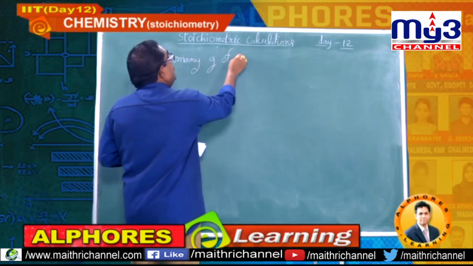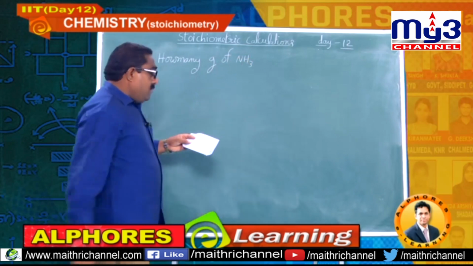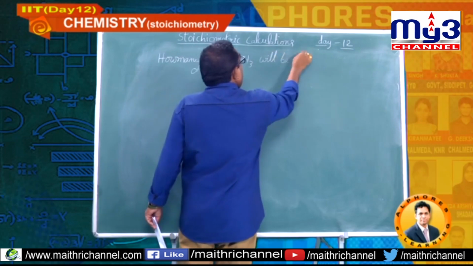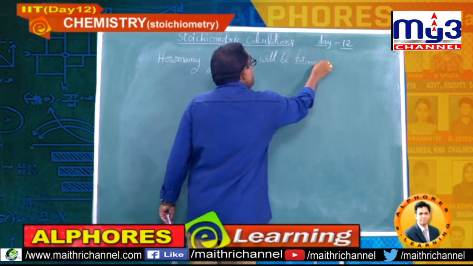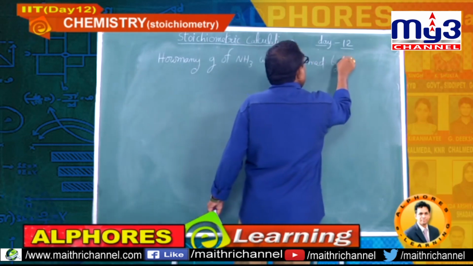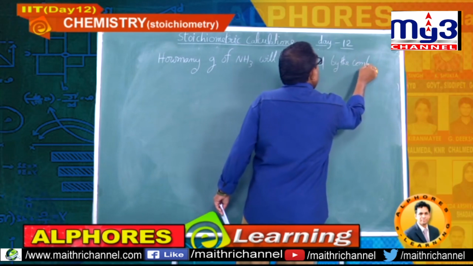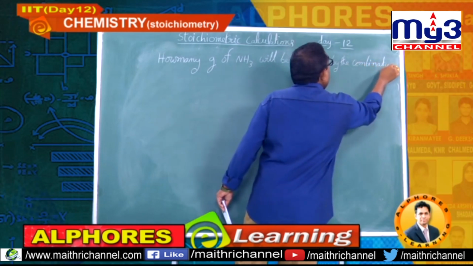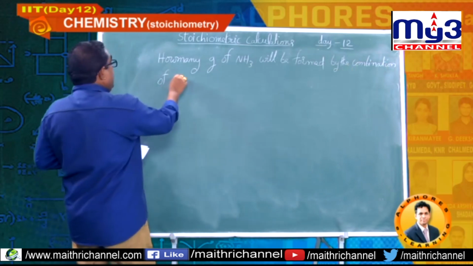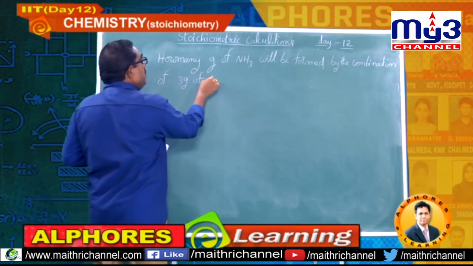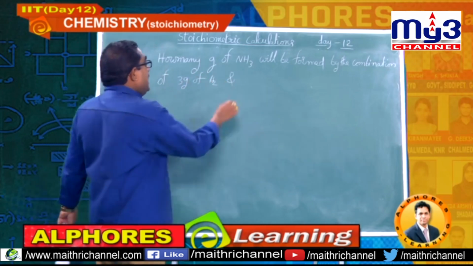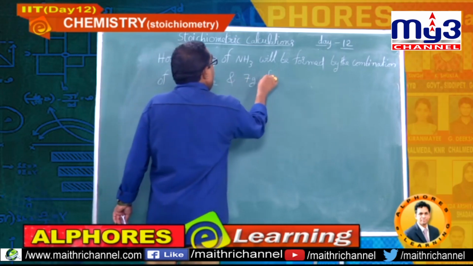How many grams of ammonia will be formed by the combination of 3 grams of hydrogen and 7 grams of nitrogen?